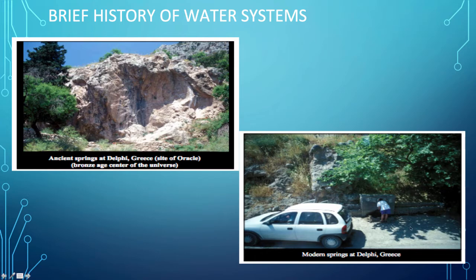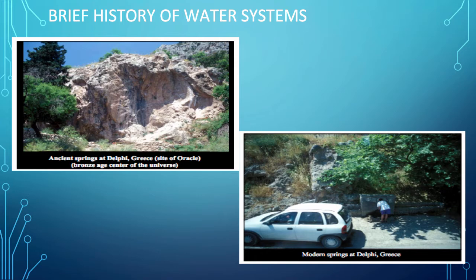And here's the modern springs in roughly the same location. What's modern is there's a pipe coming out of the header here, and so the spring water is collected probably to the right of the figure, comes down into this header box, and then drips out of a pipe, and people can go fill up their water jugs and enjoy ancient Greek water.